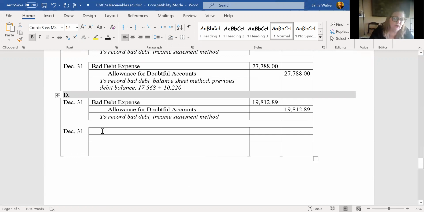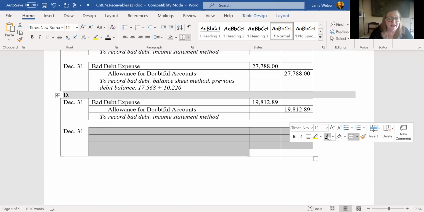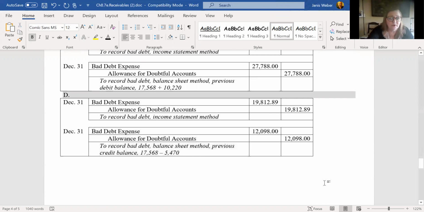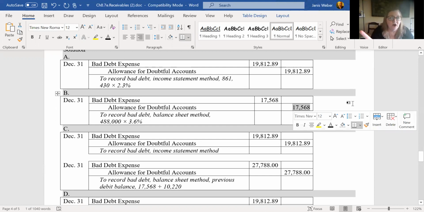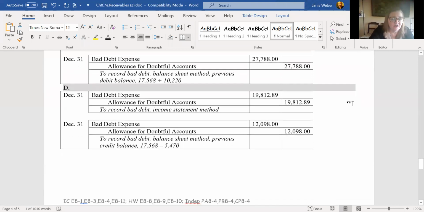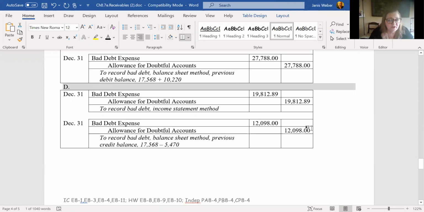But for the balance sheet approach, we look at it and we adjust our ADA account to the correct number. So we want the ADA account to equal this 17,568. And this problem told us that it already had a balance in it of 5,470. So that's why we're only crediting allowance for doubtfuls for 12,098, and we debit bad debt expense for that same amount.